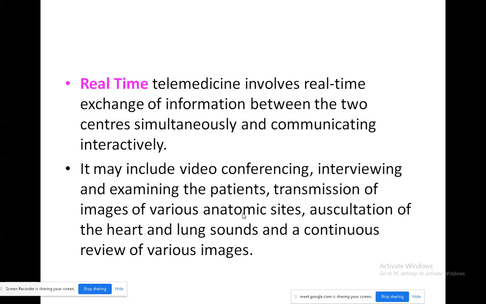You can have video conferencing, interviewing and examining the patient, transmission of images of various anatomic sites. So anatomic sites, in the microscopic view, images, CT scan, MRI scan, other different types of images can be sent. That is anatomic sites. Then auscultation of the heart and lung sounds and a continuous review of various images.